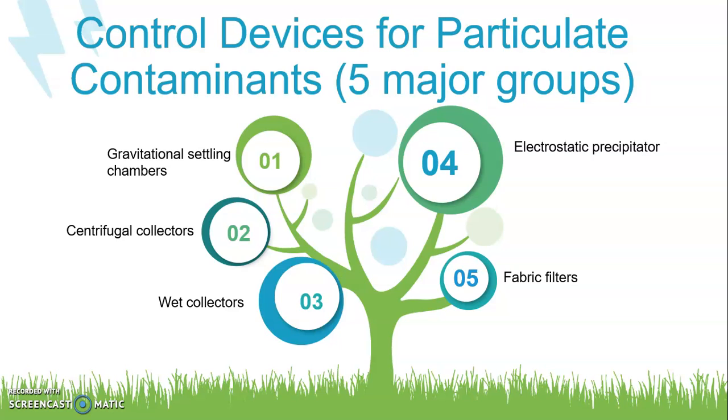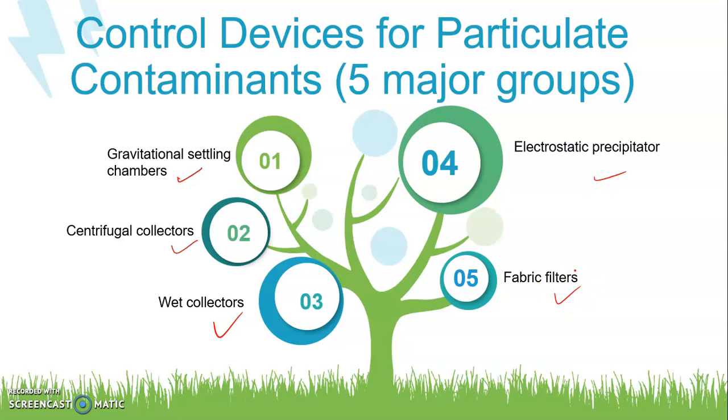By the end of this topic, you will see another type of pollutant, which is gaseous pollutant, and we will see another type of control devices on how to treat those contaminants. So now we focus on these 5 first. Number 1 is gravitational settling chambers, and then centrifugal collectors, wet collectors, ESP, and fabric filters.